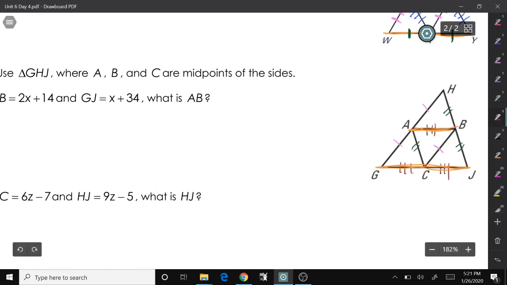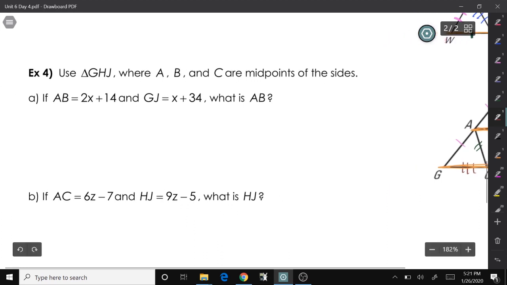So if I multiply the length of AB times 2, that will equal the length of GJ. So 2 times 2x plus 14, which was the length of AB, is equal to the length of GJ, x plus 34.